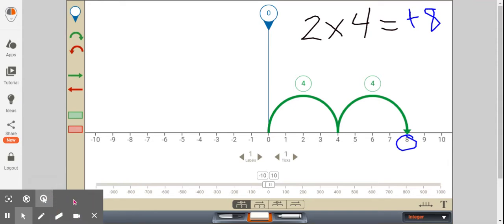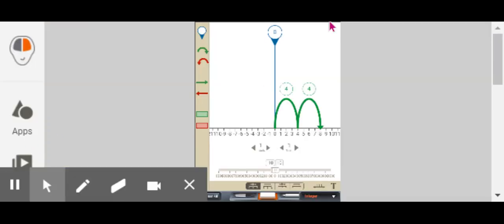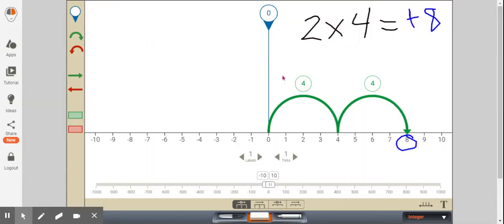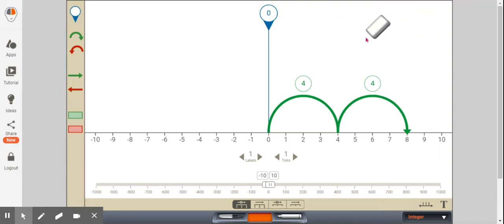Push the clear all button. Okay, so it's not letting me do it. There it is. And I'll just use the eraser for what I need. I like to use the clear all in order to reset because I'm recording for this lesson.